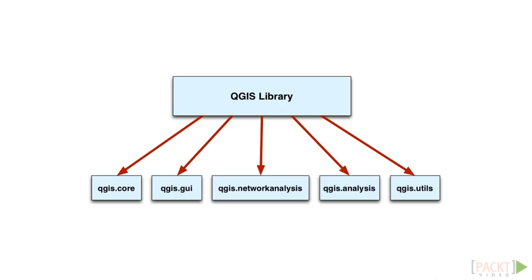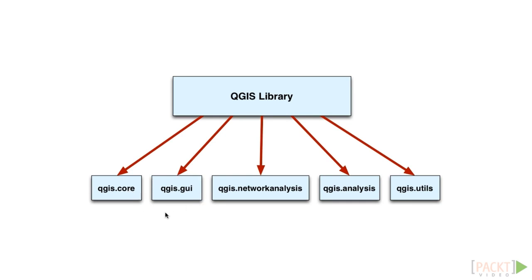All of the PyQGIS libraries are organized under a single package called qgis. You don't normally import the qgis package itself, however. Instead, you import one or more sub-packages, and there are five sub-packages that you might be interested in. Firstly, qgis.core defines the core GIS functionality used throughout the QGIS system.